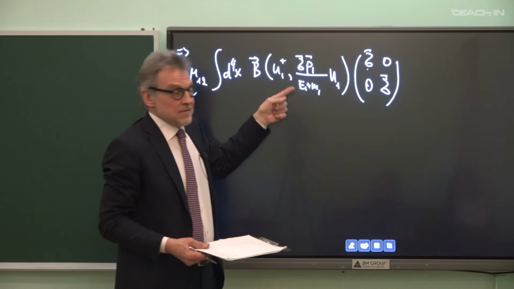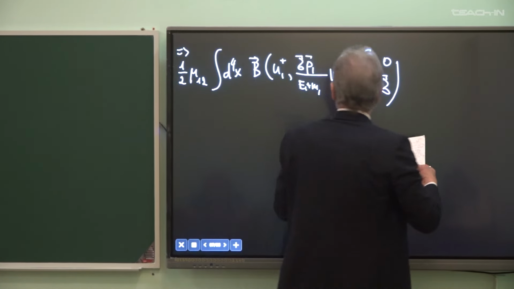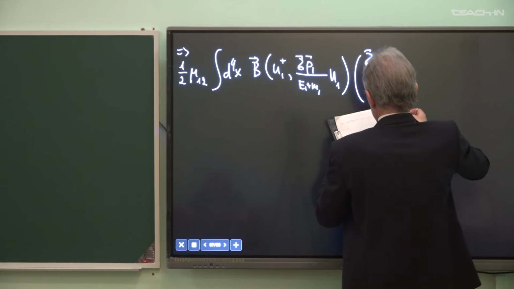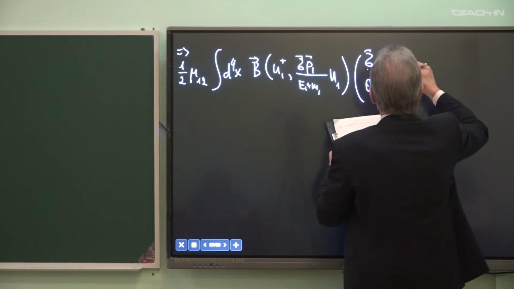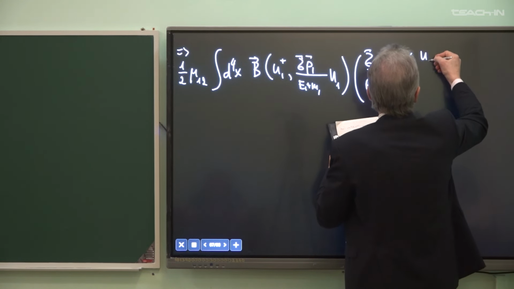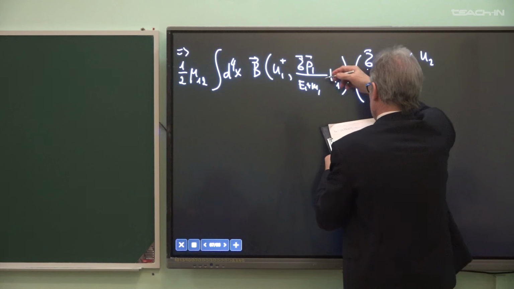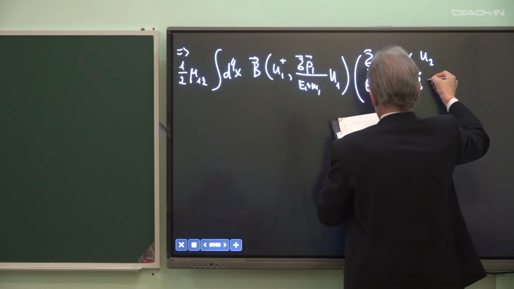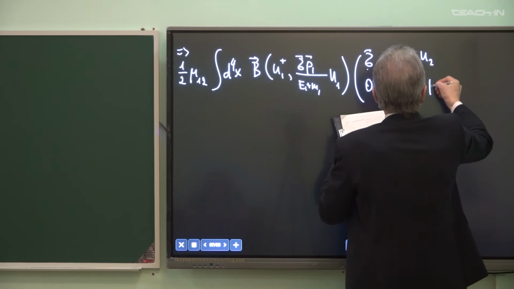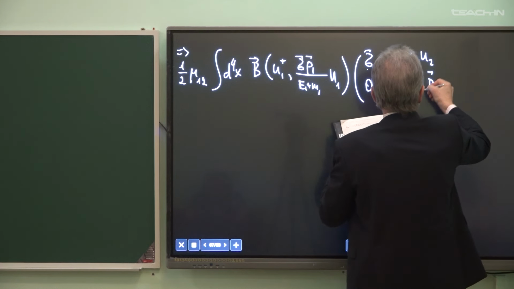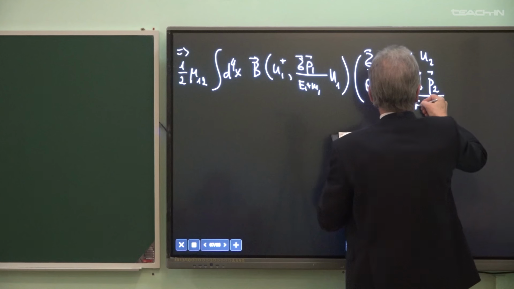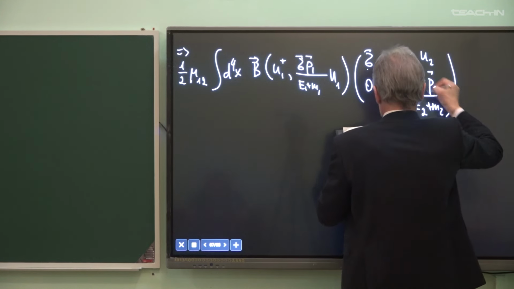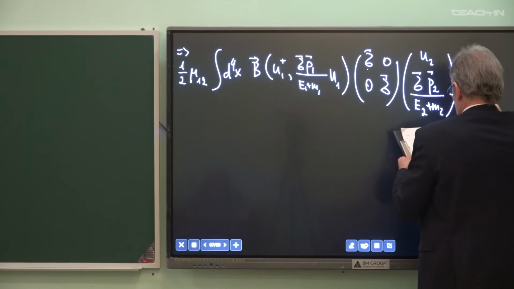So, and then we put the second neutrino here that is described by U2, the same as it was for the first neutrino, the second momentum divided by energy plus the mass of this neutrino. Okay?